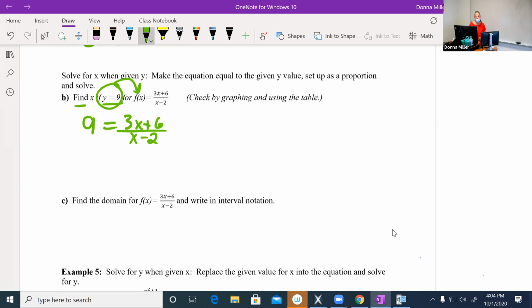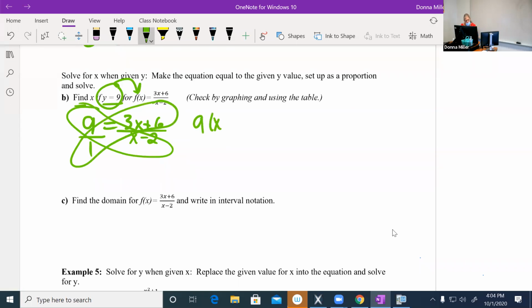Okay? And we can solve this on a graphing calculator, but I'll work it out with you. This is like 9 over 1, right? That's the way I do it. I cross multiply. So it's 9 times x minus 2 equals 1 times 3x plus 6. Cross multiply. All right, so I'll get 9x minus 18.